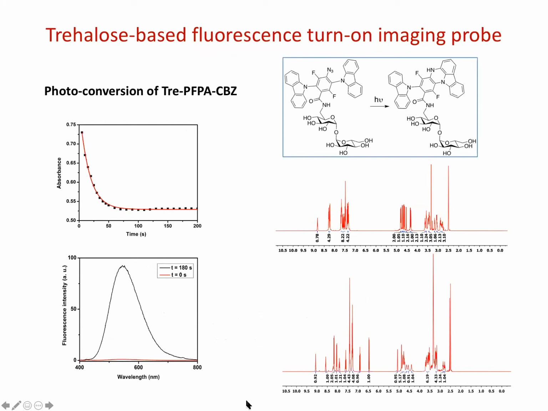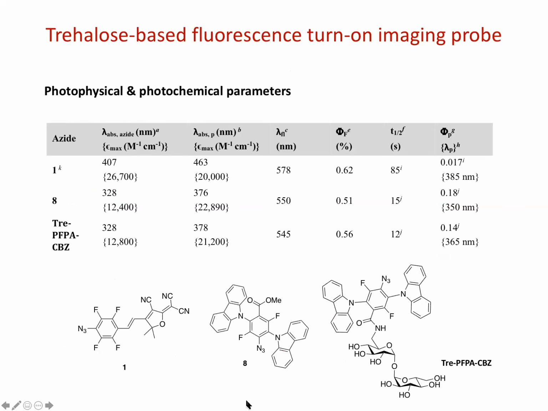So there is this fluorescent turn-on property, just as we have seen before. Again, the parameters here are very similar to the previous probe we had. Very fast rate of photoconversion, and the conversion quantum efficiency is quite high.